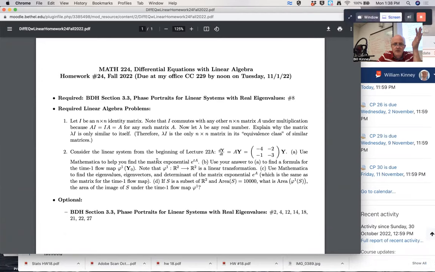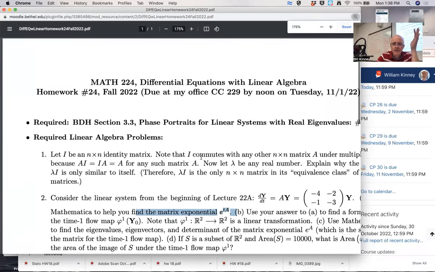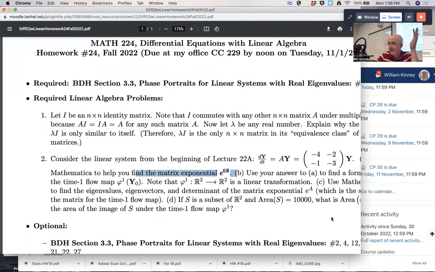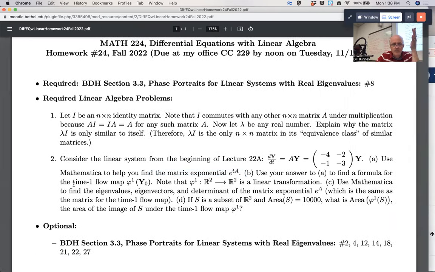You're going to find the matrix exponential, with MatrixExp in Mathematica, and you can make the output look like a matrix with MatrixForm. Use your answer to find a formula for the time 1 map. Well, that's just what I was showing you: it's e to the a times y0, and you just plug in what e to the a is. It's a linear transformation. y0 is the variable. The initial condition is the variable. I know it's strange, but that's what it is.